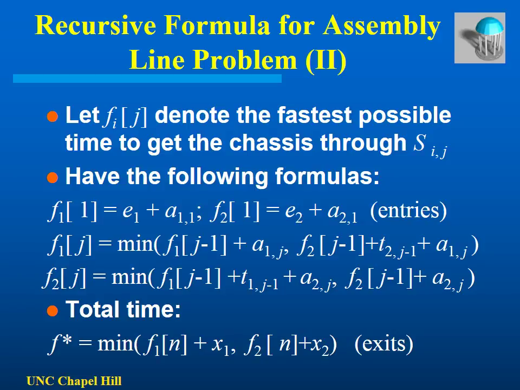The other option is that you were at stage j minus 1, you were on line 2. And so the time through that was f2 of j minus 1. But then you had to transfer from line 2 to line 1, which takes time t sub 2, j minus 1. And then, as well, you need to do the job on stage 1, requiring the time A sub 1,j.